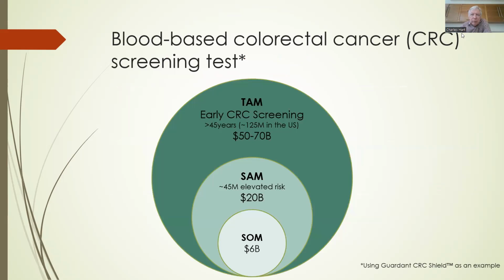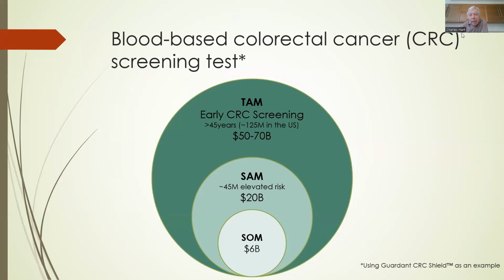And so this is an example of TAM in the area of cell-free circulating DNA liquid biopsy. There's about 120 million people in America that are over the age of 45. That's the cutoff age now for testing for colon cancer.